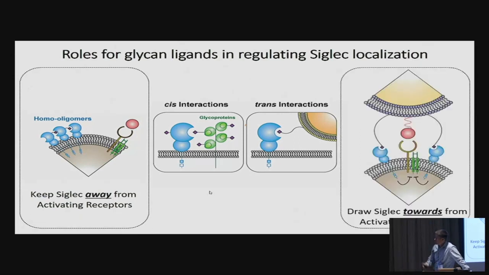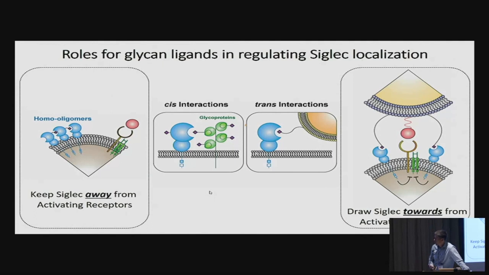Okay? An interaction in trans with another particle, another cell containing a ligand will naturally bring the Siglec together with a receptor in the context of an immunological synapse. Okay? So they're just kind of forcing the two receptors together. And remember, proximity. Okay?